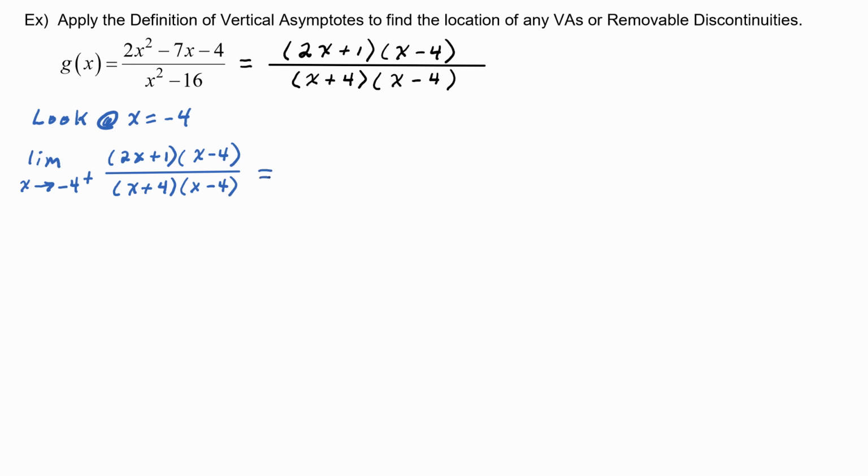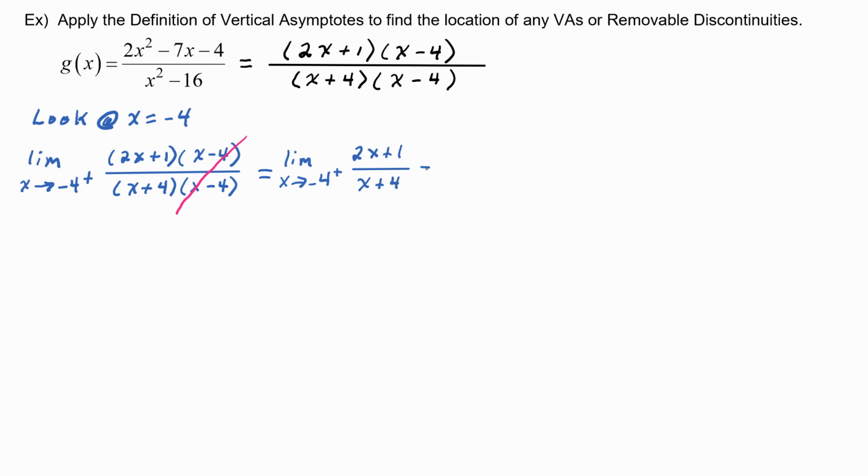Now, in evaluating this limit, we know that we can cancel out the common factor. This is now the limit as x approaches -4 from the right of 2x plus 1 over x plus 4.